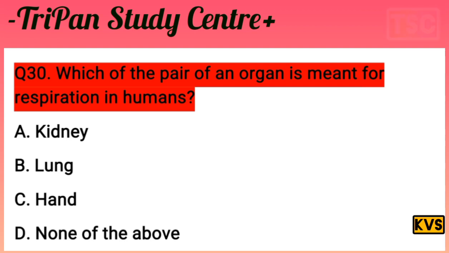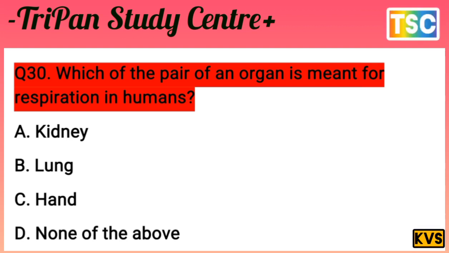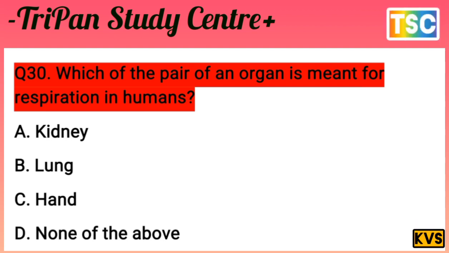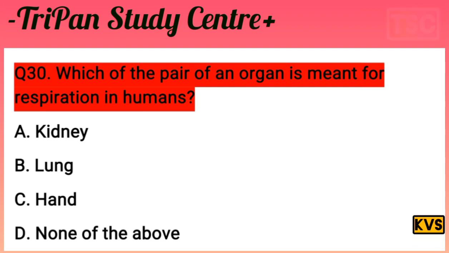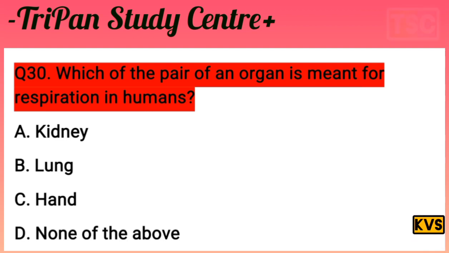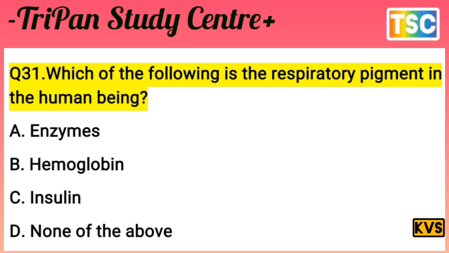It means option B, lung, is correct here. The lungs are the pair of organs meant for respiration in humans. The B option is correct for this question. And let's see the next question on your screen.